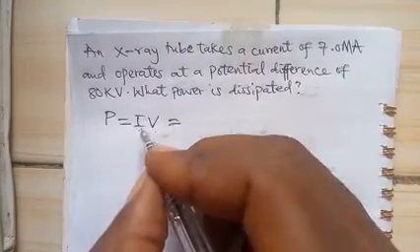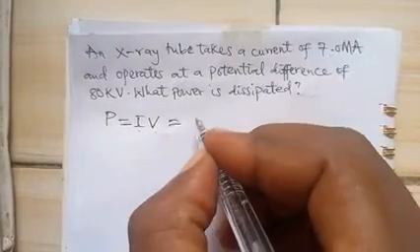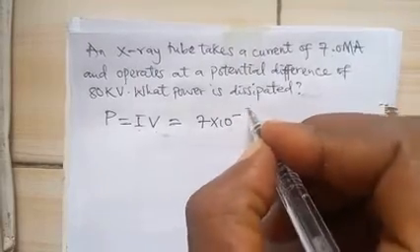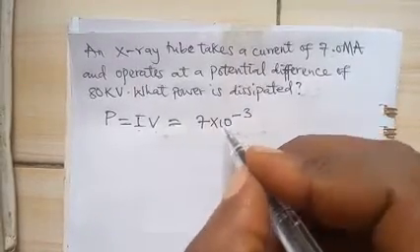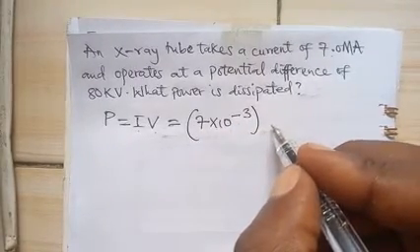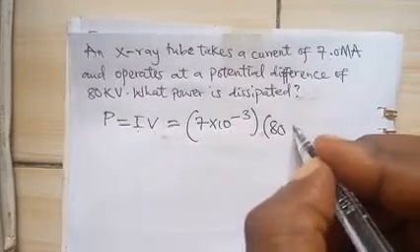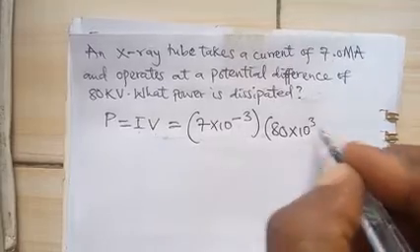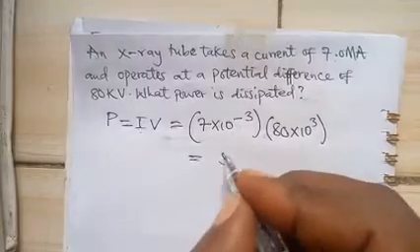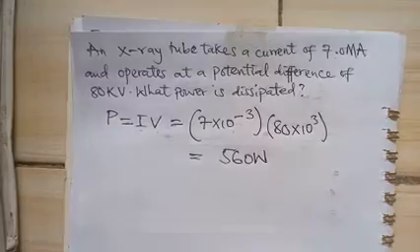I, they gave to us, is 7.0 milliampere, so we can convert it to ampere by saying 7 times 10 raised to power minus 3 ampere, times V. V is 80 kilovolts. Kilo is 1000, so we say 80 times 10 raised to power 3 volts. If we multiply that out, we're going to have 560 watts, or you say joule per second.